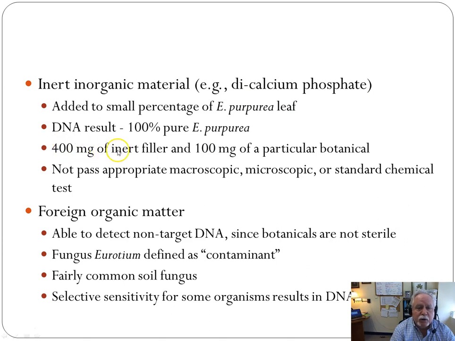Now, 400 milligrams of inert filler and 100 milligrams of a particular botanical. This would not have passed the appropriate macroscopic, microscopic, or even standard chemical tests. So here is this high-end DNA method that really can't do as much as these simpler approaches.